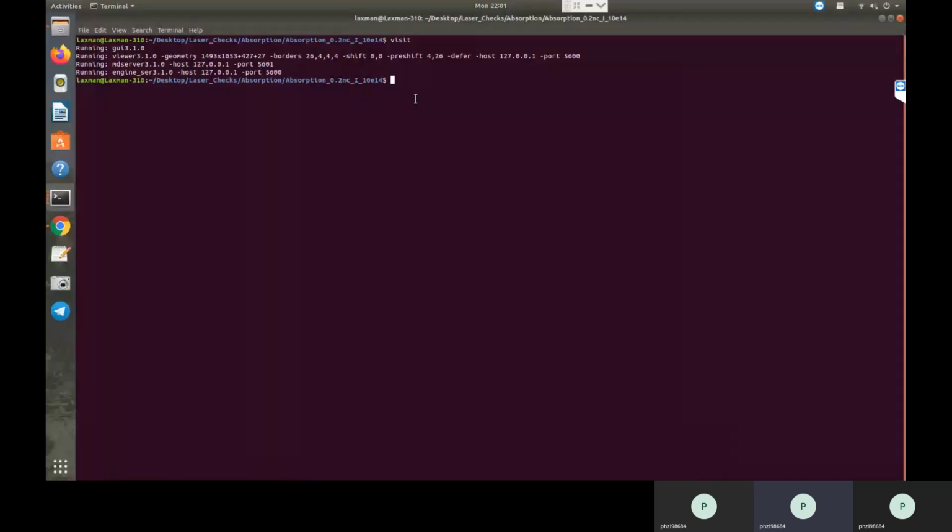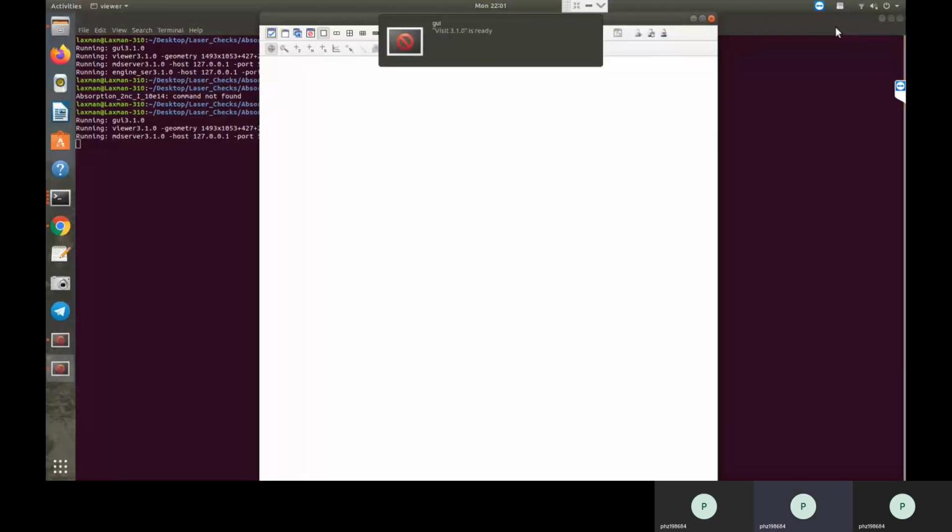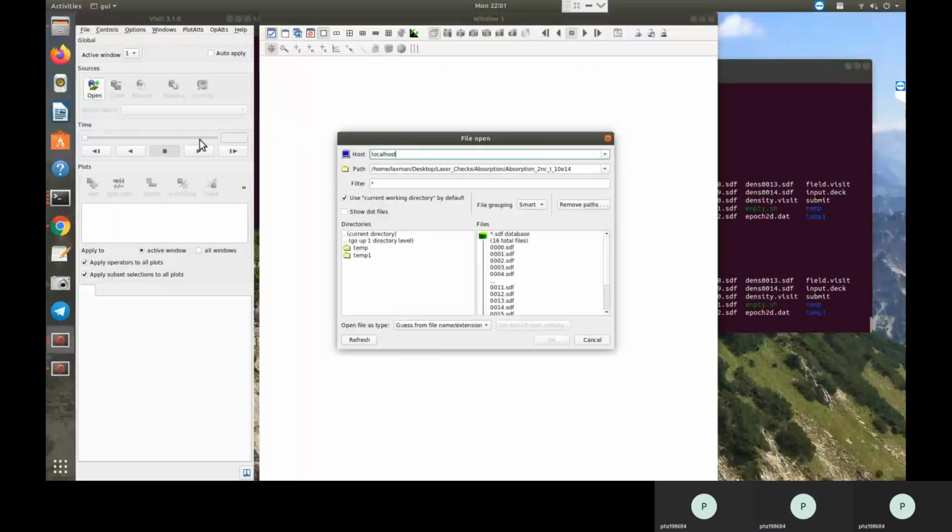So let's first plot the density profile.